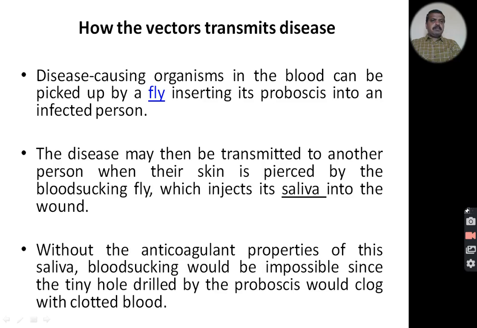This prevents blood clotting, so the blood continuously oozes out from the host body into the vector's body. During that process, once the saliva is inserted into the host body, the pathogen naturally enters the blood circulation of the human being.